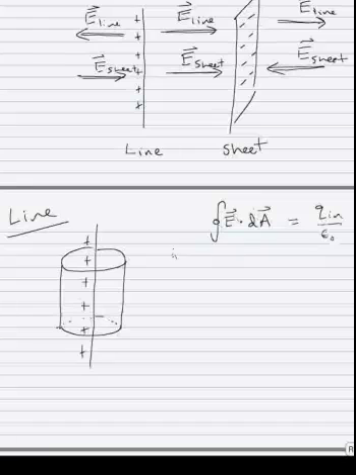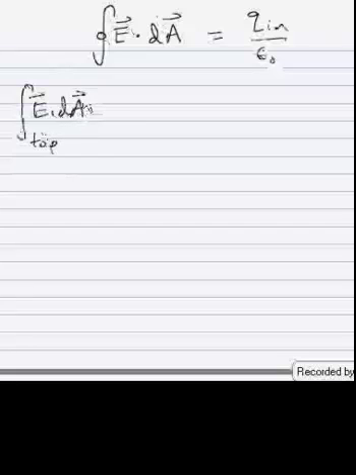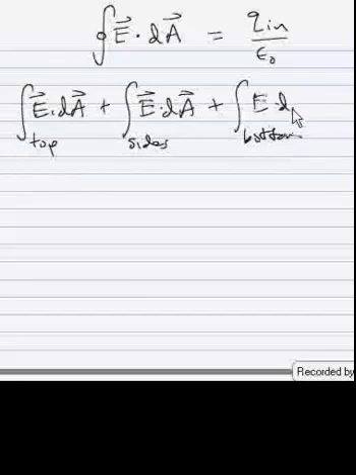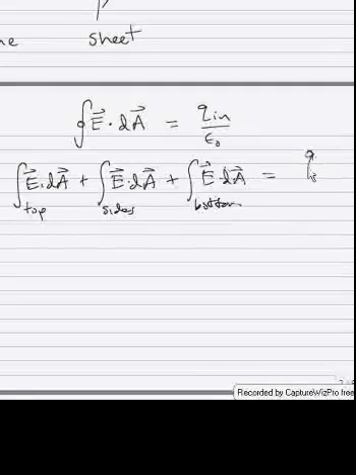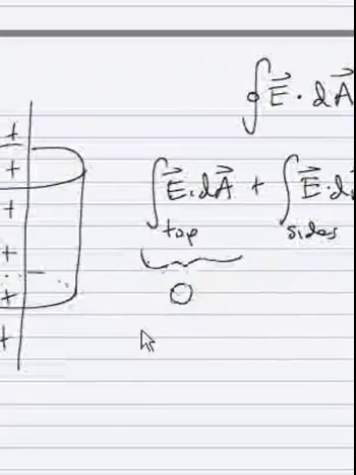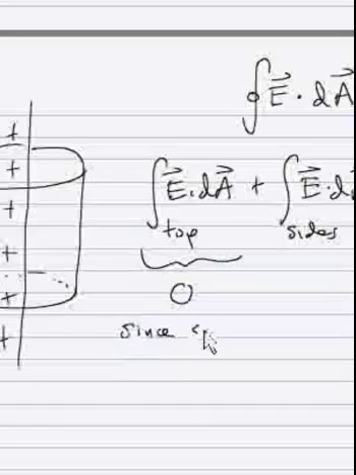I can break this integral up into the integral over the top of E dot dA plus the integral over the sides of E dot dA plus the integral over the bottom, and that has to be Q enclosed over epsilon naught. So let's take a look at each one. The top is going to give me 0, and the reason I get 0 is because the cosine of 90 degrees is 0.